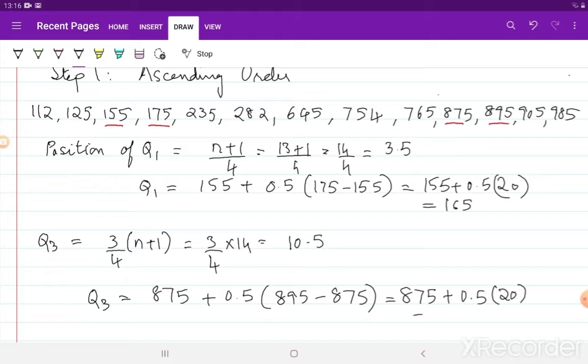So you have got 885 as the value of Q3 for this set of individual observations.